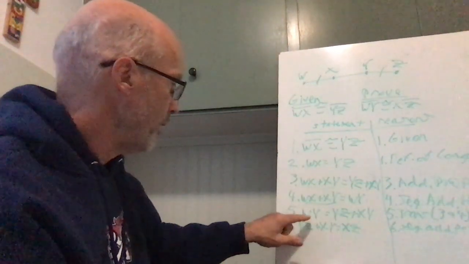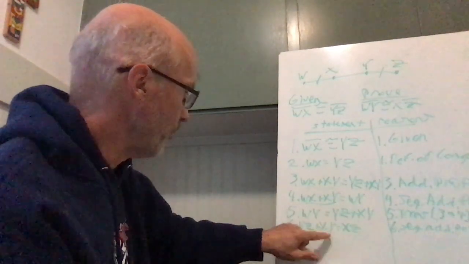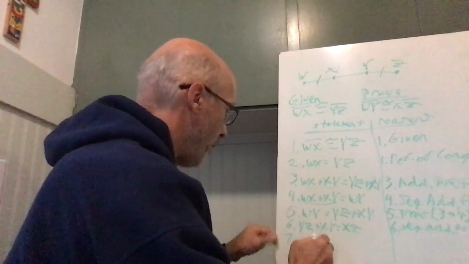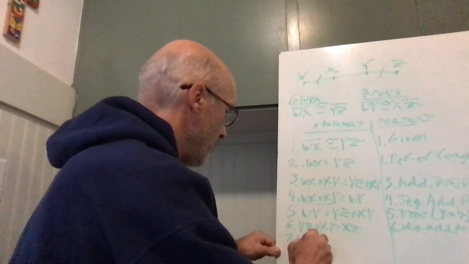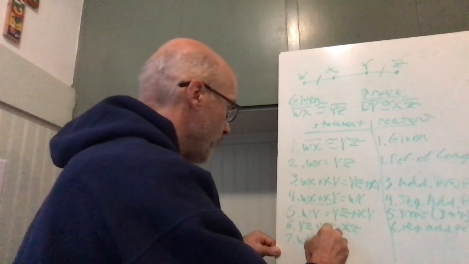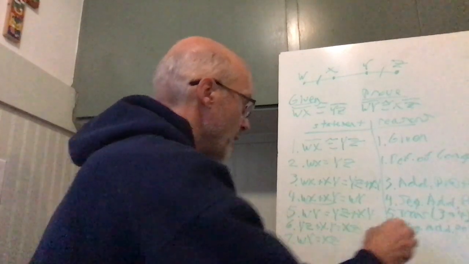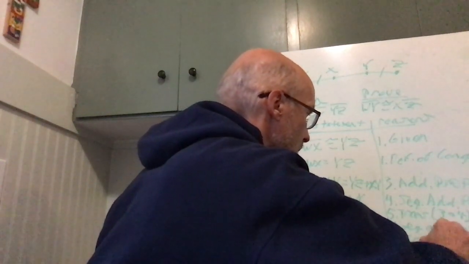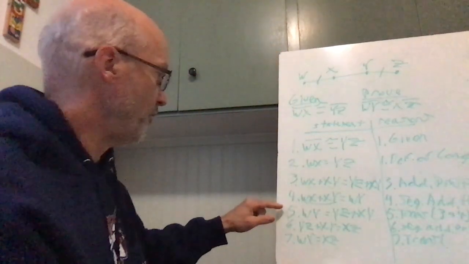And now this thing equals that thing, so I can do the transitive property one more time. And I'm almost home. WY equals XZ. Transitive property. And that is steps 5 and 6.